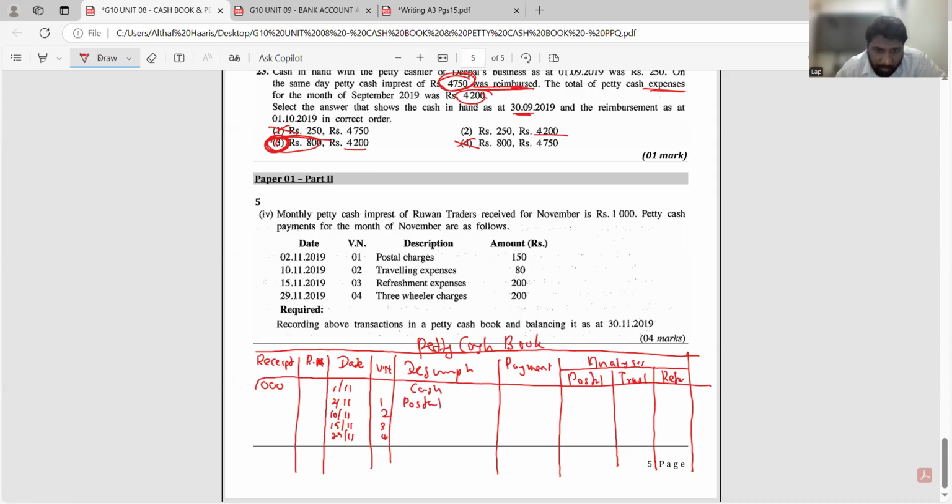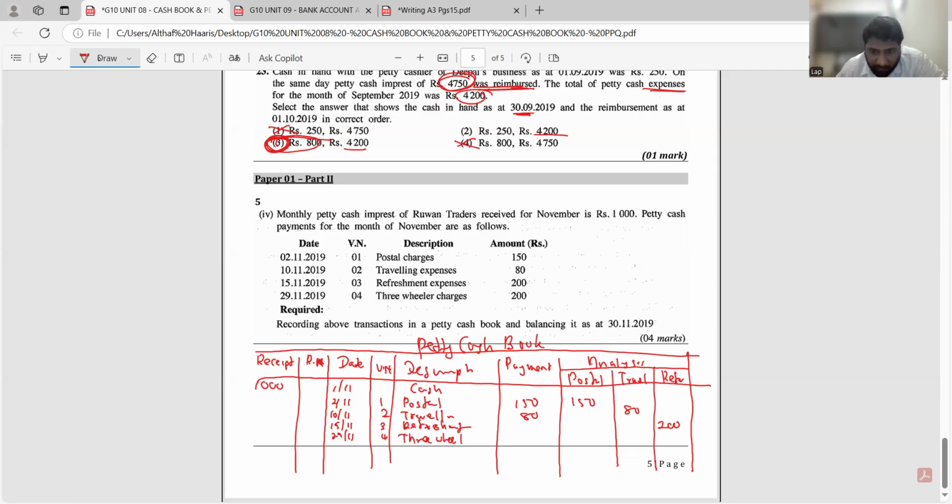Postal, traveling, refreshment. 150 to the postal. 80 to the travel. Refreshment 200.